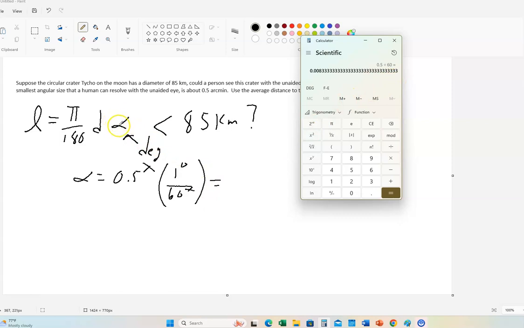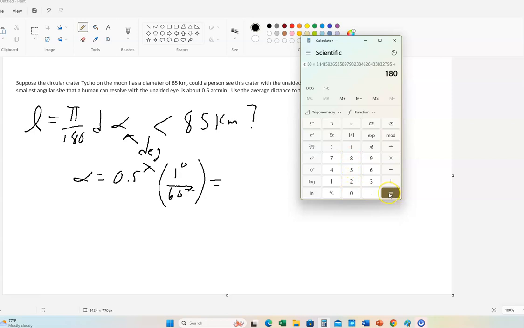Now all I have to do is multiply that times the distance to the moon. So I'm going to say times 384,400, and then times pi, and then divided by 180. The order that you multiply doesn't matter here, of course. The order of multiplication never matters.